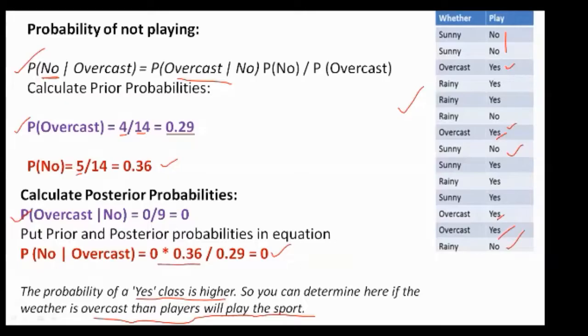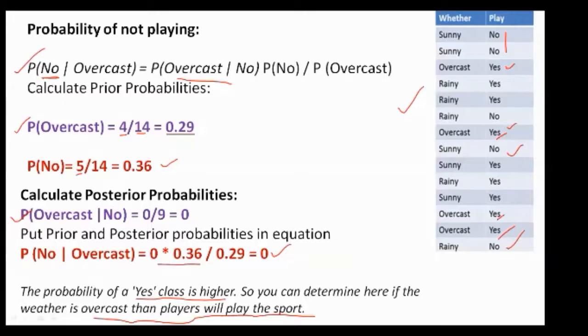So the formula can be written as P(weather overcast, temperature mild | yes) into P(yes). Remember that here the dividing probability which we used in the previous formula, that is P(data), is not used. Here just a multiplication factor is used if you are considering more than one attribute.